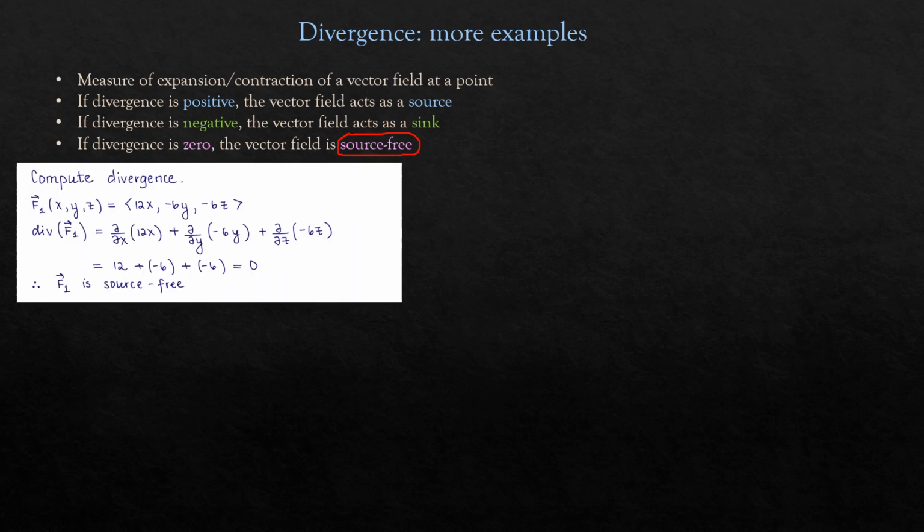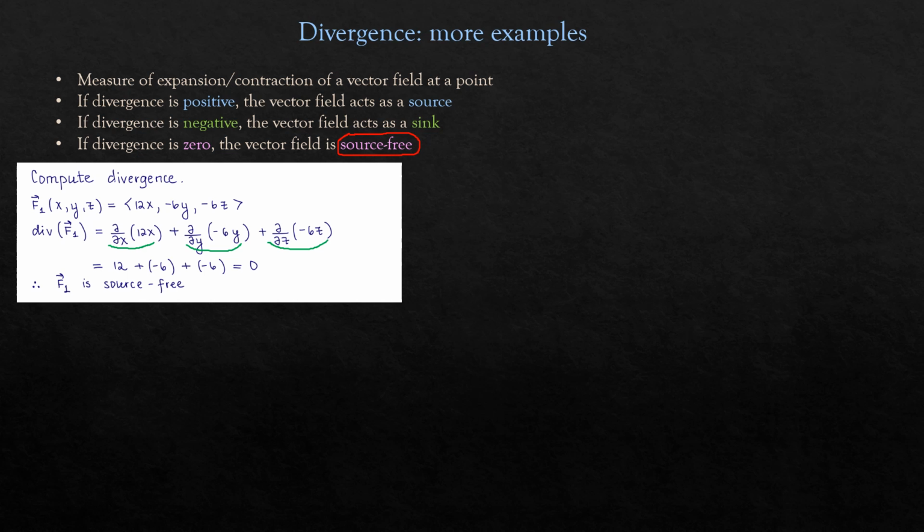Here is the first example, where we would like to compute the divergence of this vector field 12x minus 6y minus 6z. So we take the partial with respect to x of the first component, add the partial with respect to y of the second component, and add the partial with respect to z of the third component.